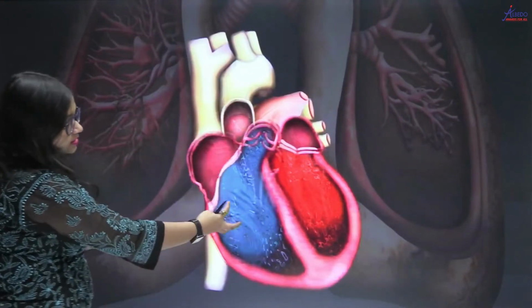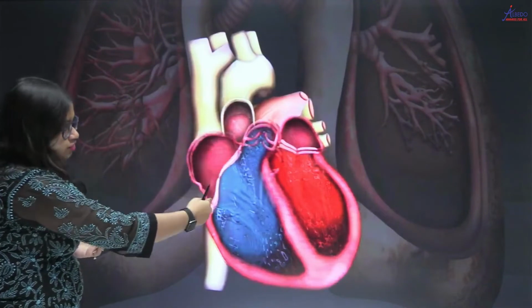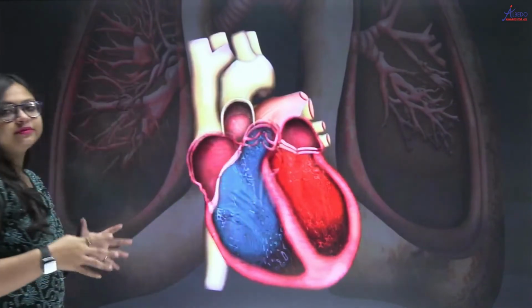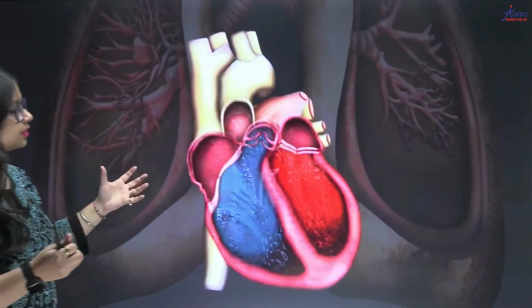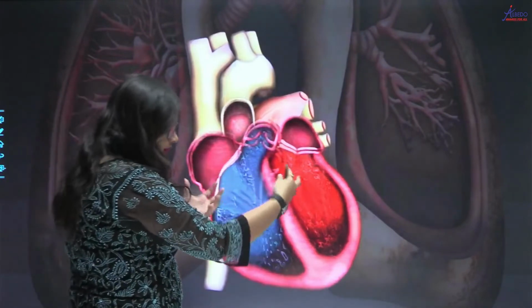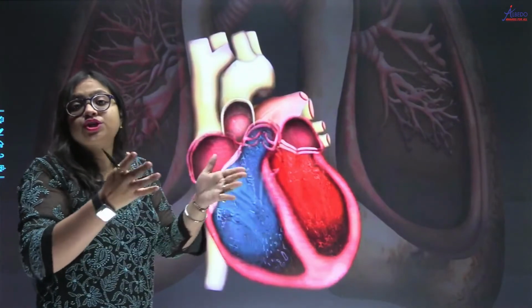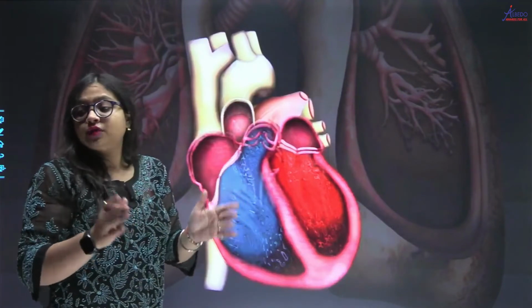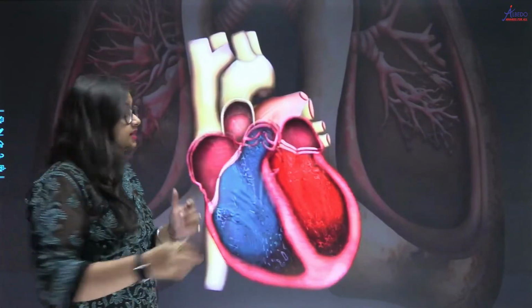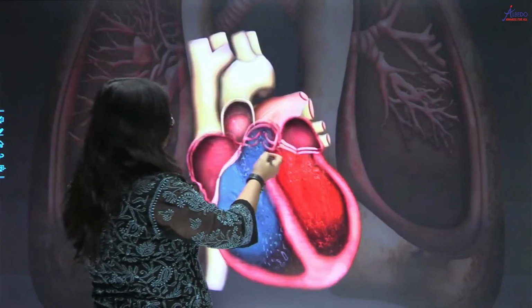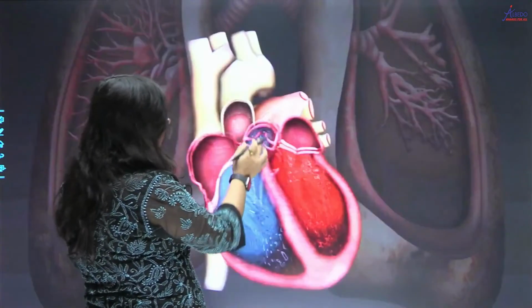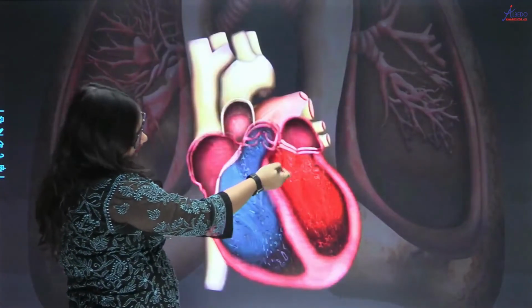When the ventricles are starting to contract, the tricuspid and bicuspid valves close, and because these valves are closed and the ventricles are contracting, the pressure of the ventricles of the heart is increasing, and because of the increasing pressure, this is your pulmonary valve and this is your aortic valve.